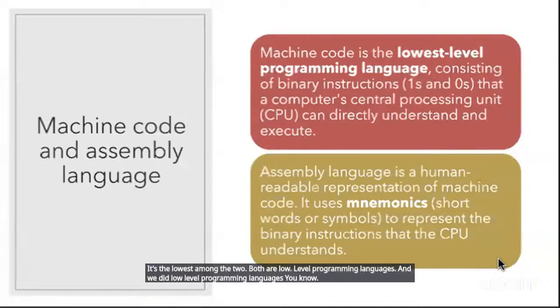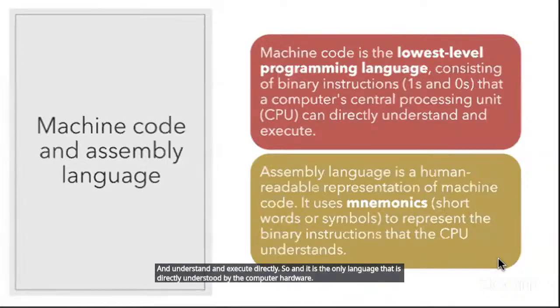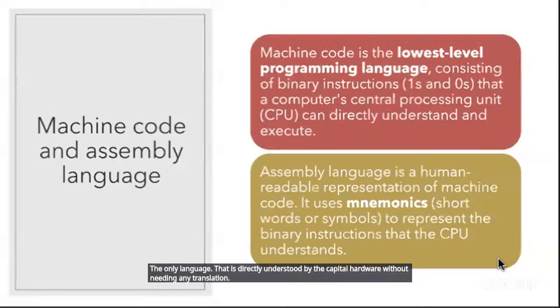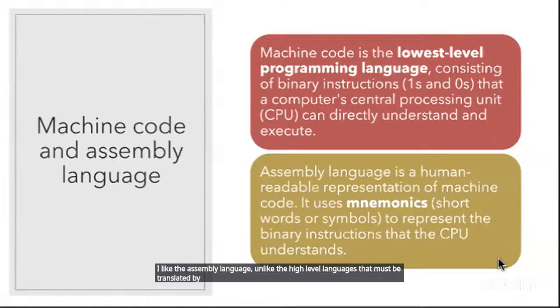Machine code consists of binary instructions, ones and zeros, that the computer's CPU can understand and execute directly. It is the only language directly understood by the computer hardware without needing any translation, unlike assembly language and the high-level languages that must be translated by translators, the compilers and interpreters.